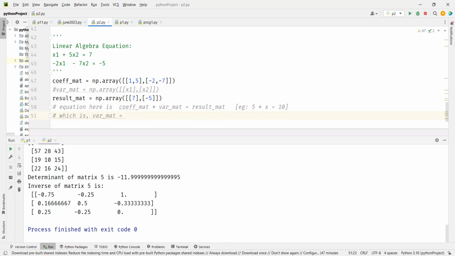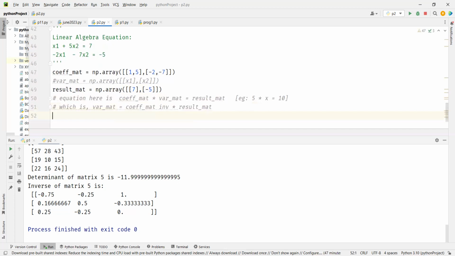So this is going to be coefficient matrix inverse into your result matrix. So if I find the inverse of the coefficient matrix and then do matrix multiplication with the result, I'm going to get my variable matrix. Okay, that's how it is.